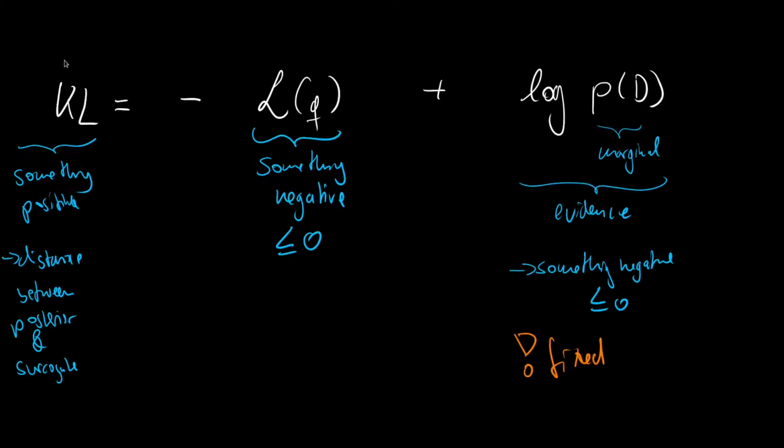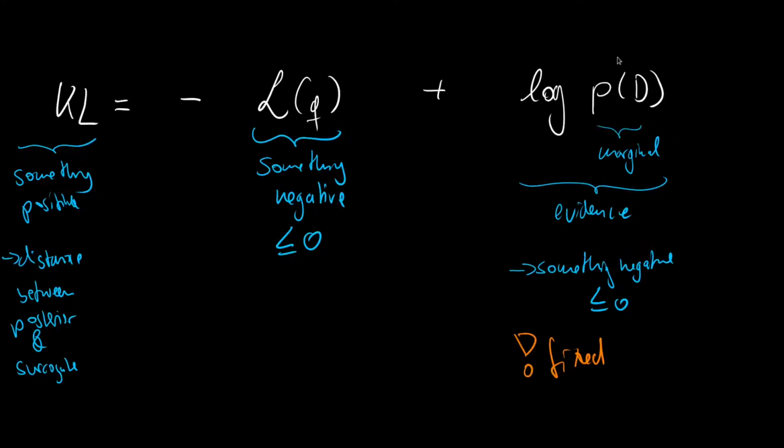In general we expect the KL divergence to be non-zero, because we choose surrogate posteriors that are not our true posteriors, otherwise we wouldn't have to solve a problem. So we expect this to be smaller than log P of D, because then it is negative and we get our positive KL divergence.